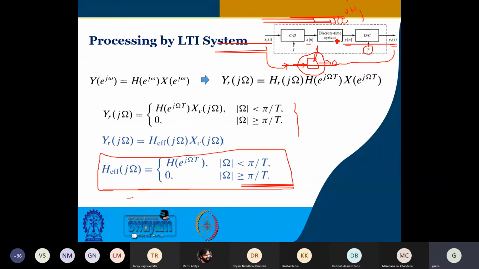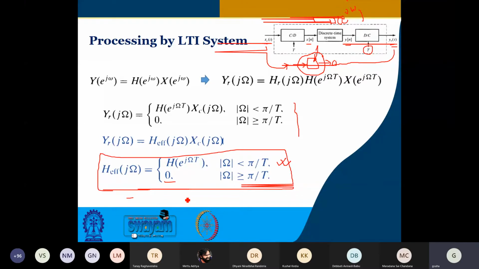It is nothing but this H(e^jω), with ω replaced by capital Ω, that is continuous time frequency, T is the sampling period, and this is just following it. This is repetitive in nature. So this is for only one period, and rest of the places it is 0. This we discussed and derived in the previous class.